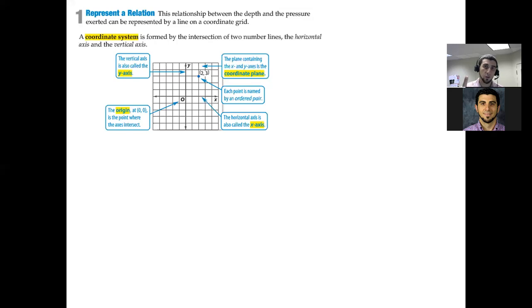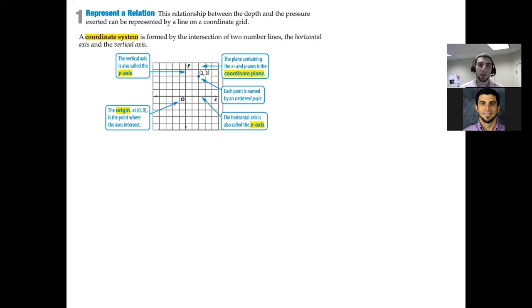Think first, alphabetical order, x comes before y. And way back when you first started learning number lines, didn't you learn them as a horizontal number line? Like in kindergarten or first grade, right? So I just remember that x comes before y, and I learned the horizontal axis before the vertical axis. So that's the x and y axis.